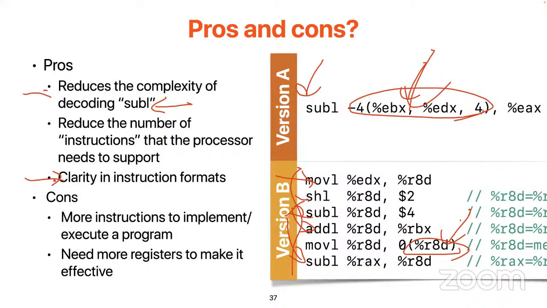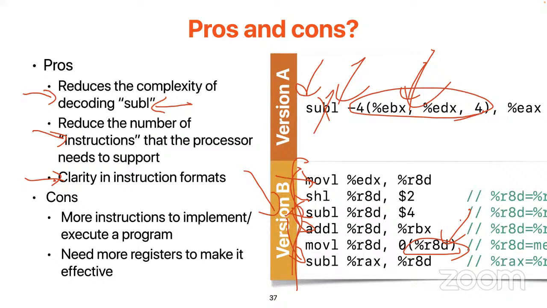So decoding an instruction is a lot easier, and the number of instructions that the processor needs to support is probably not that many, because if you consider this instruction as a separate instruction, it can be completely eliminated by this set of other instructions. So if you use this philosophy, a lot of instructions could be avoided when you are designing the instruction set architecture. So version B could be made hardware friendly.